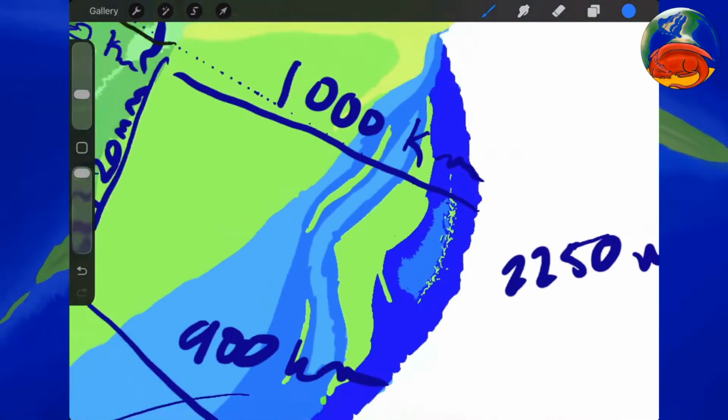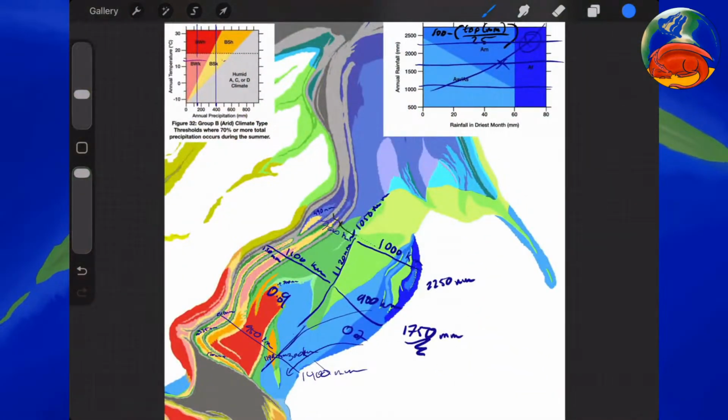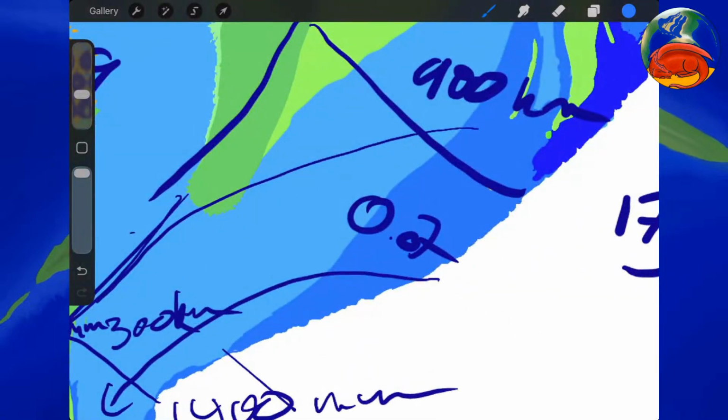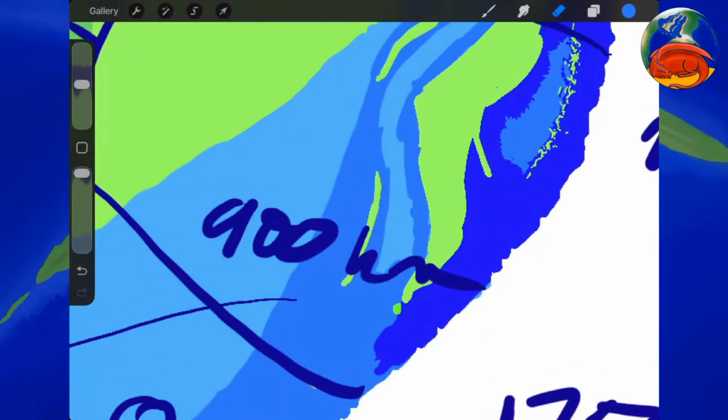Okay, so very roughly they're going to be in here. And yeah, I'll probably make them follow in here a little bit better. And they're going to be pulled in under here more.